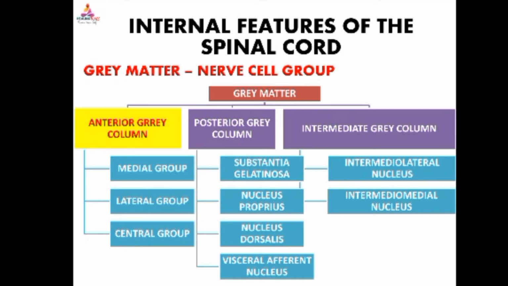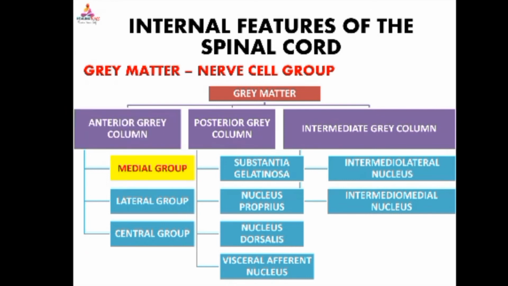First one is the anterior gray column. Numerous groups of motor neurons are found in the cross section of the anterior gray column, representing several longitudinally arranged columns of varying length. These are divided into three main groups: medial, lateral, and central group.